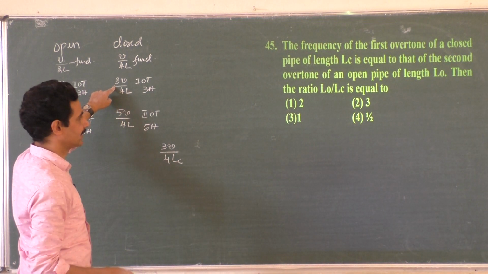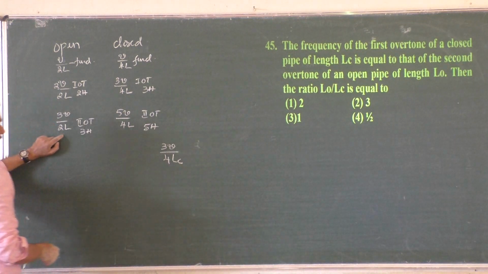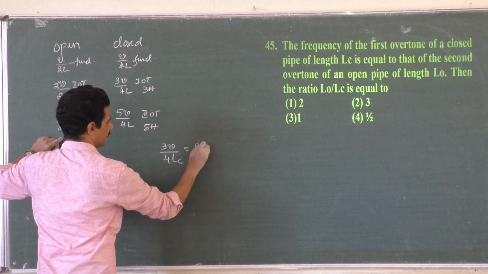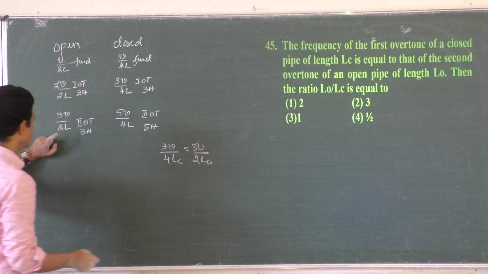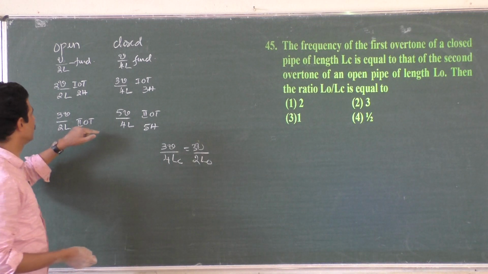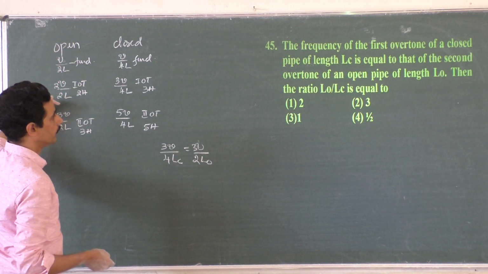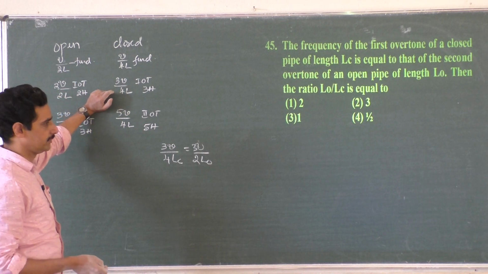Now their question is the frequency of the first overtone of a closed pipe is equal to the second overtone of an open pipe, right? 3V by 2L0, I have to turn this L as L0. First overtone of closed pipe is 3V by 4LC.